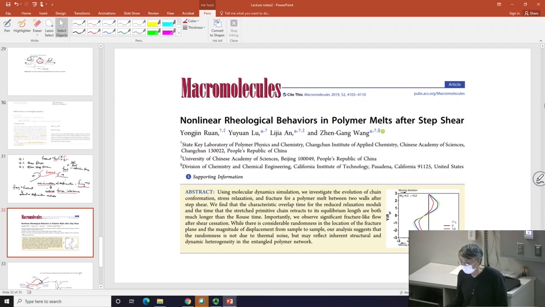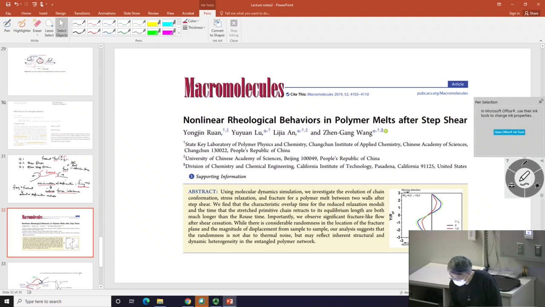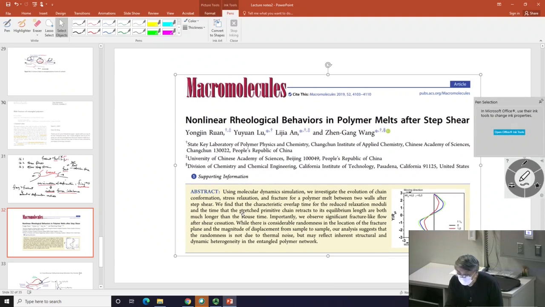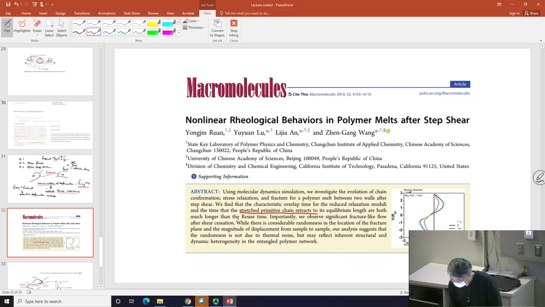demonstrate after step strain whether there could be chain instabilities taking place. And it is, at least according to this study, observed that the stretched chains will retract, but it will retract on time scales longer than Rouse time.